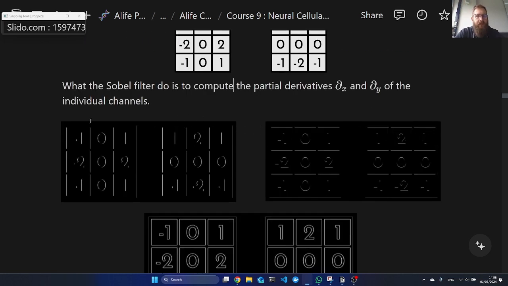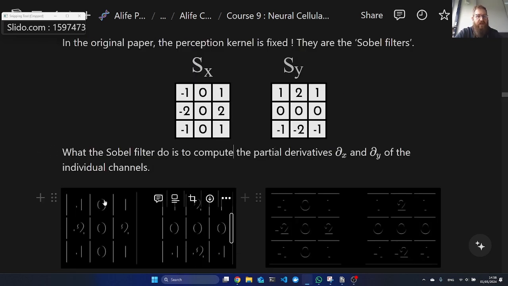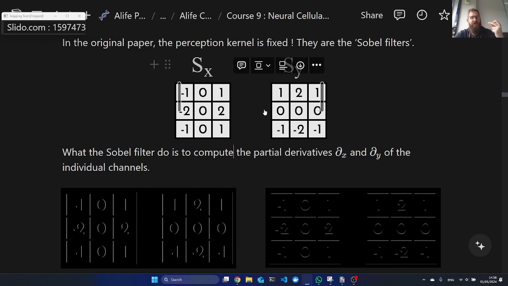So this is the result of applying Sx to this image, and this is the result of applying Sy to this image. We see that Sx picked up on all the vertical lines, whereas Sy extracted all the horizontal lines.